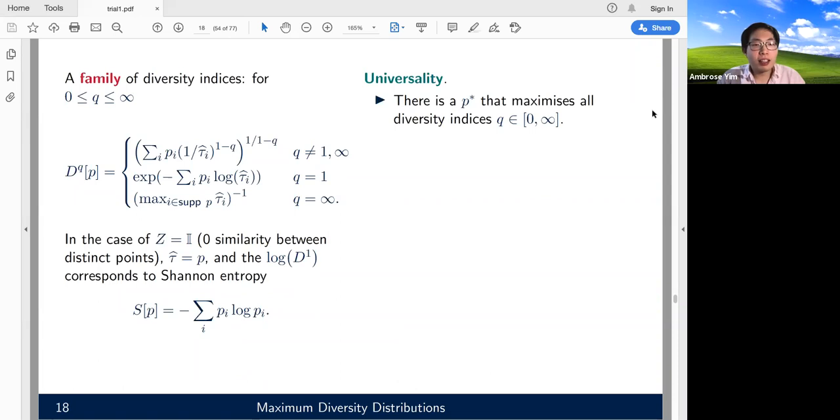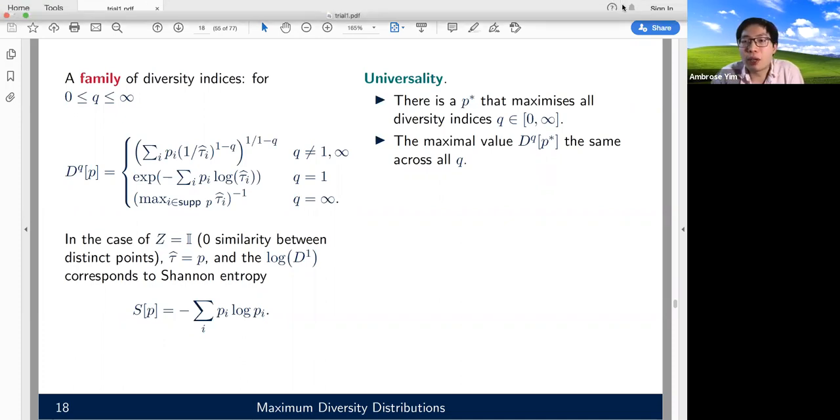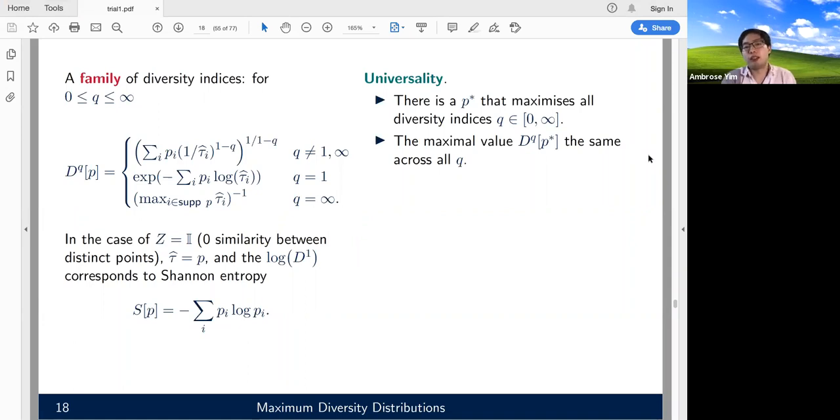So we have this whole family of diversity indices that we could choose to maximize, and this is really up to personal preference. But as it turns out, there is a unique probability distribution that maximizes all diversity indices across this whole family. Moreover, the maximal diversity attained is the same across all q. This suggests that diversity is something intrinsic to this space, not extrinsic.